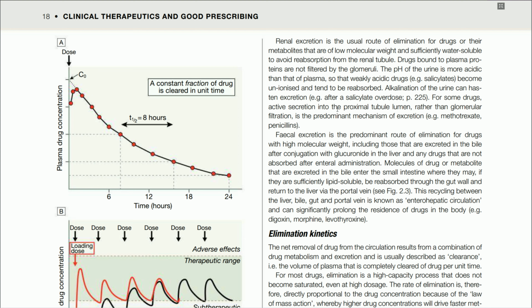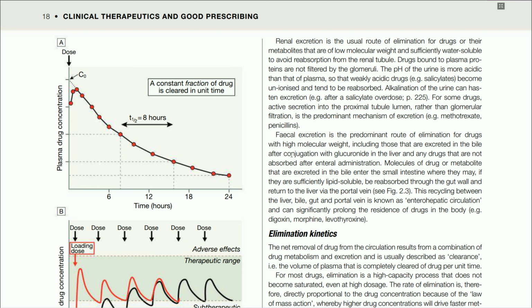For some drugs, active secretion into the proximal tubule lumen rather than glomerular filtration is the predominant mechanism of excretion. Example, methotrexate, penicillins.